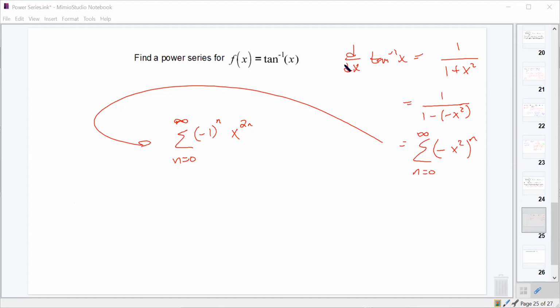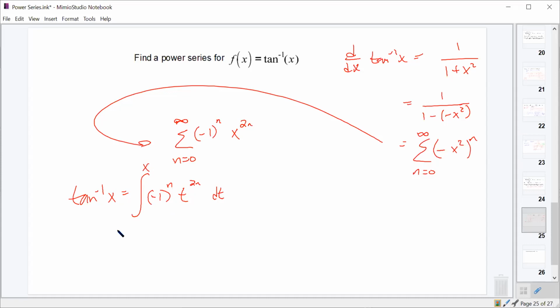Okay. All right, so we should be able to then say that the inverse tangent of x equals the integral of our series, and we're going to write it as negative 1 to the n t to the 2n dt. From where to x?